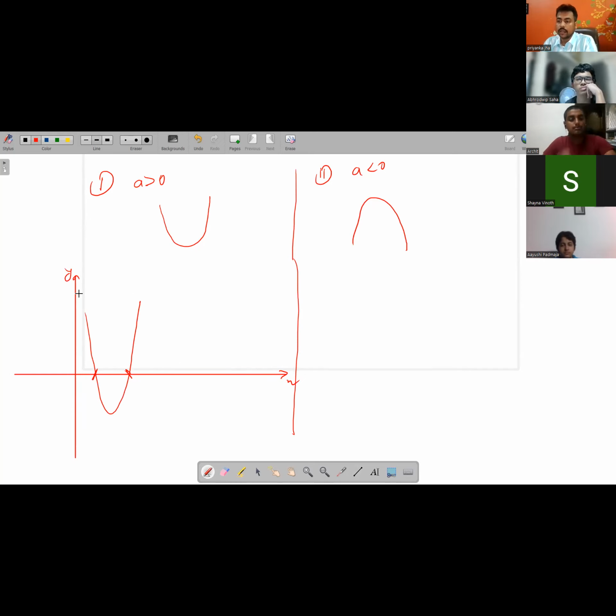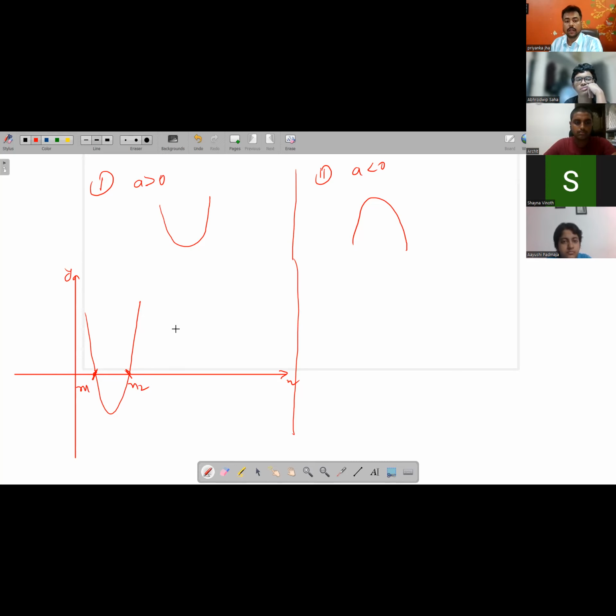Values of x. If x equal to x1 and x equal to x2 are the roots of the equation, it means that for those values of x, x1 and x2, the equation becomes 0. That is how we find roots. It means that this is your x1, this is your x2. At these points, this curve will intersect the x-axis.